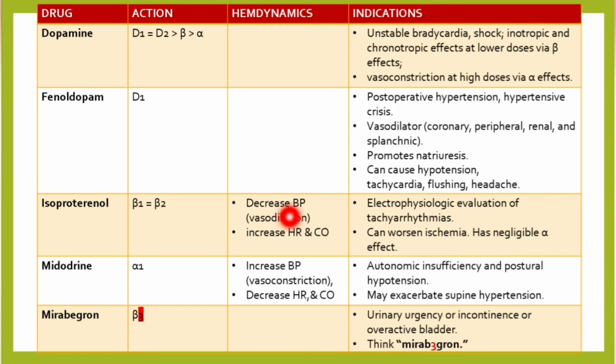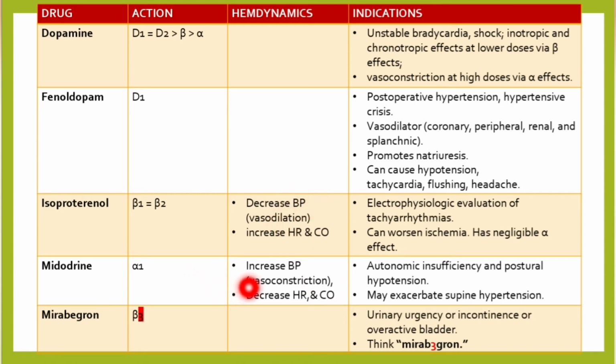The next drug is midodrine, right? This drug has alpha-1 activity. It's important in hemodynamics because it's more like an opposite of isoproterenol. It increases blood pressure by vasoconstriction. If you compare with isoproterenol, that one decreases blood pressure by vasodilation.